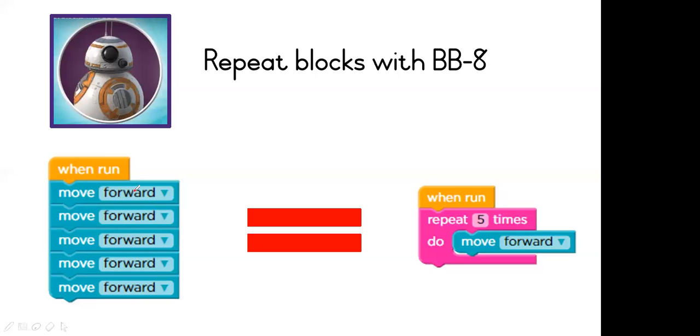But if we want to do it faster, or if we want to use fewer blocks, then we can use this repeat block, the pink one. And here, where it says this number 5, you can choose a number. So if you want him to move forward 5 times, you can say 5 in there, and then you just put 1 move forward block inside. So this means that BB-8 will do the blue thing 5 times. Whatever the blue block says, BB-8 will do 5 times. Okay.